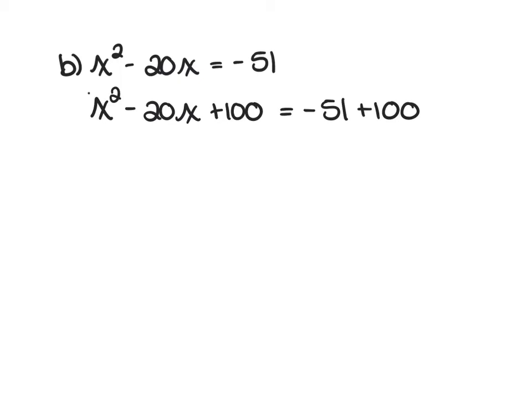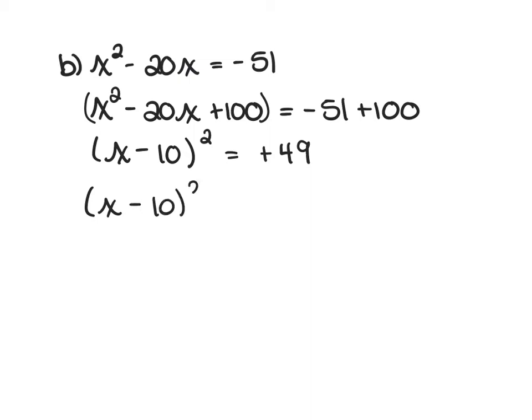And then our nice perfect square here becomes x minus 10 squared equals positive 49. When you bring the 49 over, you get x minus 10 squared minus 49.